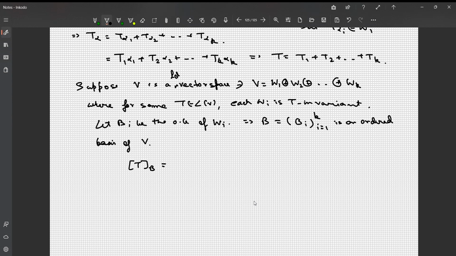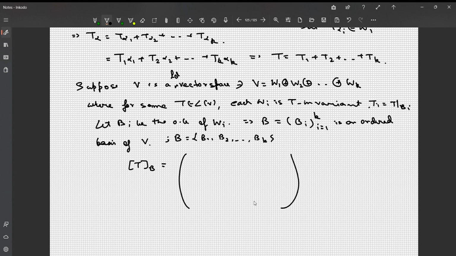I guess it's pretty evident from here that since B is of this form, B1, B2 till Bk, each Bi is from Wi, and each Wi is T invariant. So we can consider Ti to be the restriction of T over Bi.